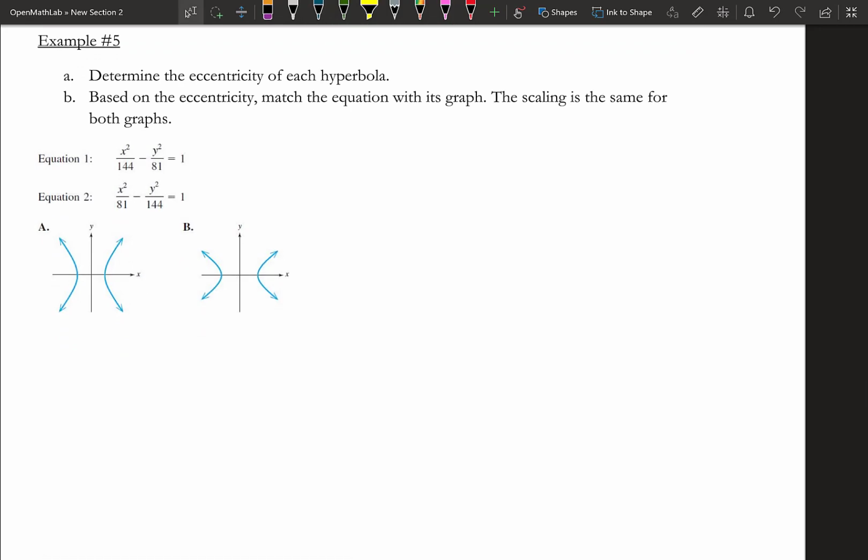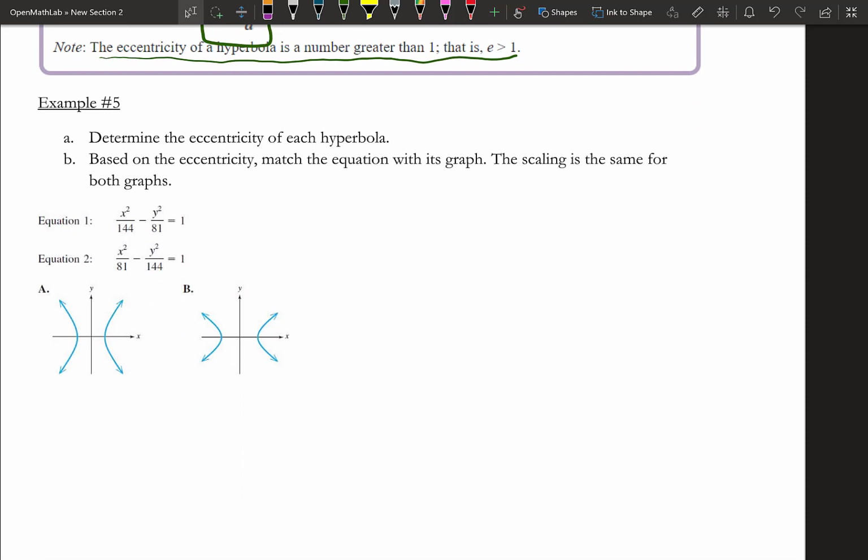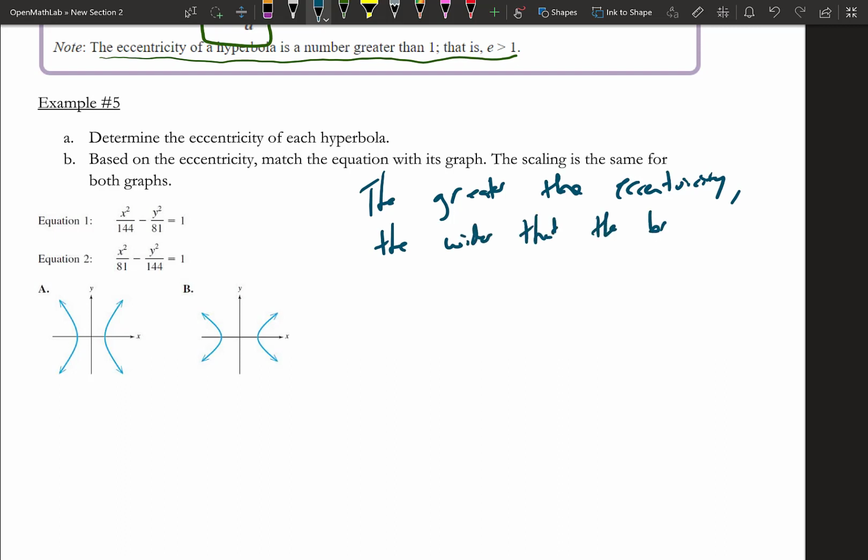Something important to note about eccentricity is that the greater the eccentricity, the wider that the branches open.